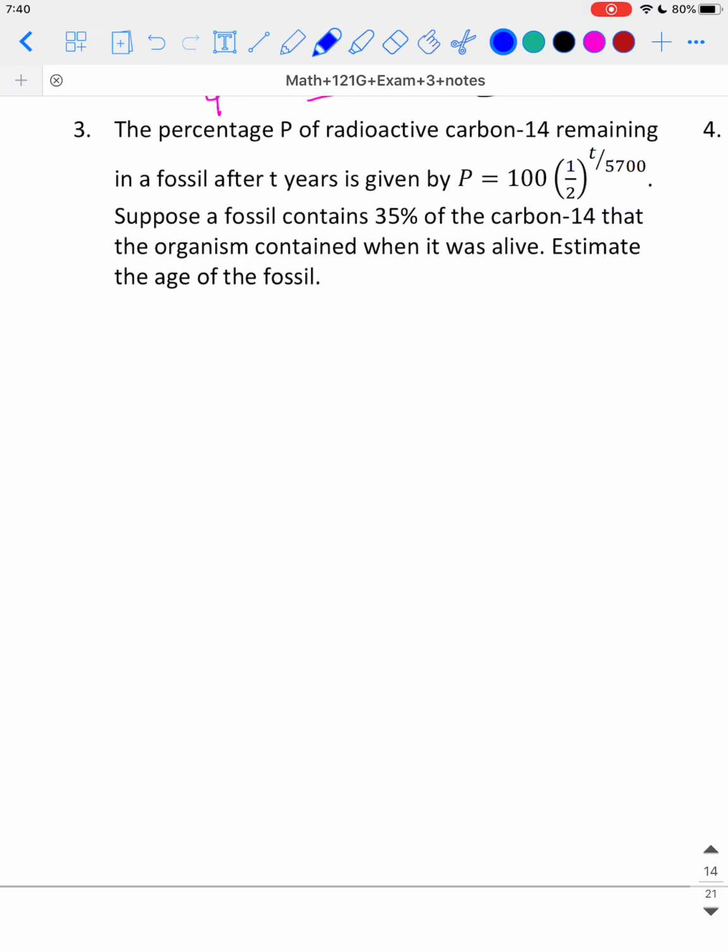Estimate the age of the fossil. Okay, so this 35% is the percentage of radioactive carbon remaining. So this is our P. Okay, so 35 is equal to 100 times 1/2 to the t over 5,700.